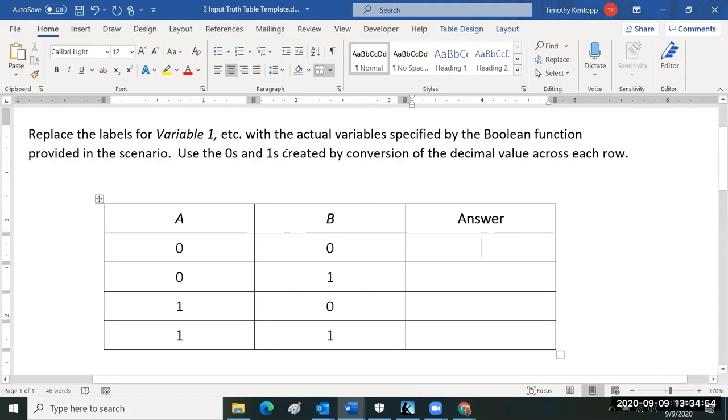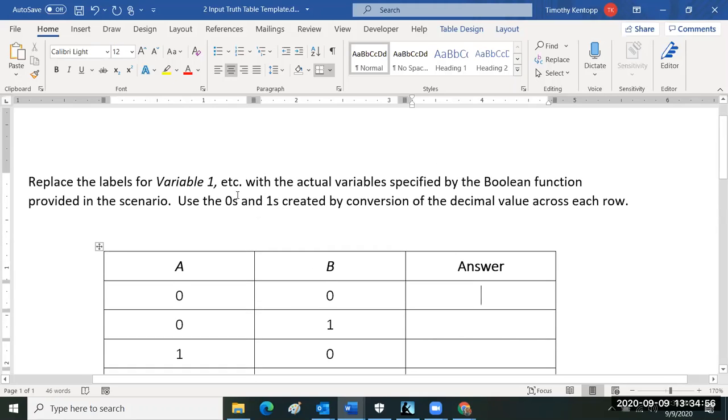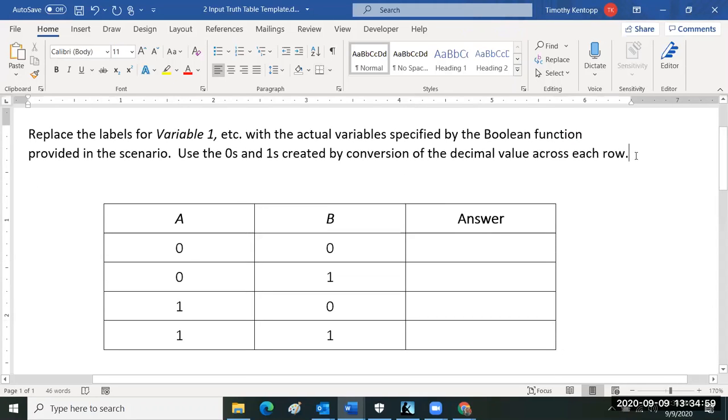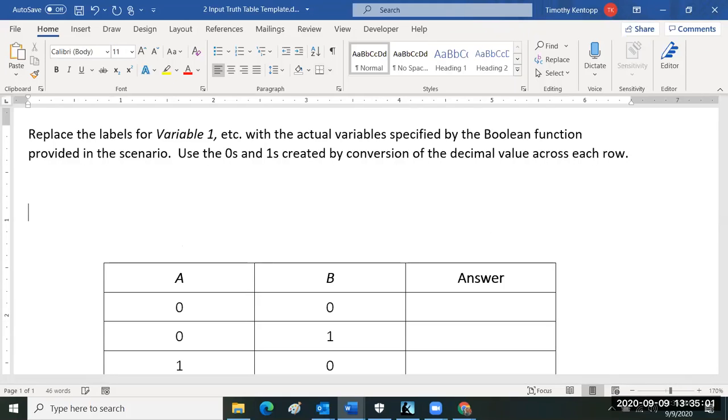And that's for the case we're talking about, the Boolean operator or, okay? We'll take or first.